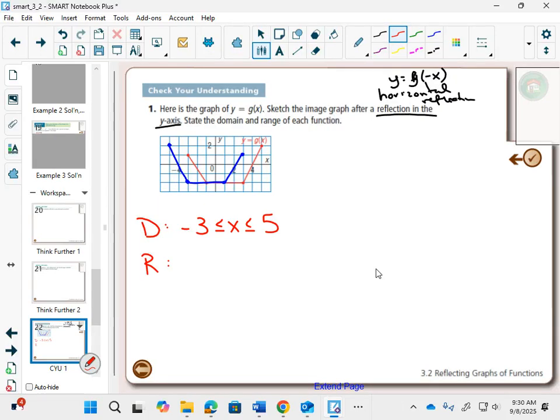My smallest y value is -2 and my biggest y value is +2. So my y is in between -2 and 2. For my blue graph, my domain is now -5 less than or equal to x less than or equal to 3. And my range is exactly the same.